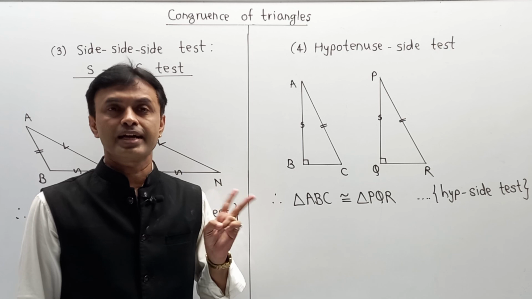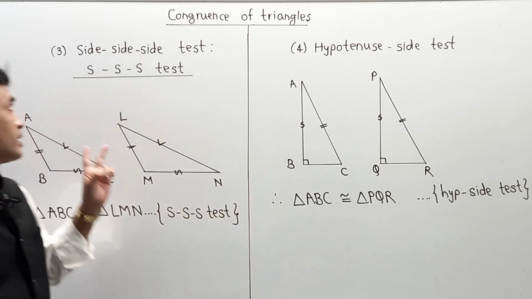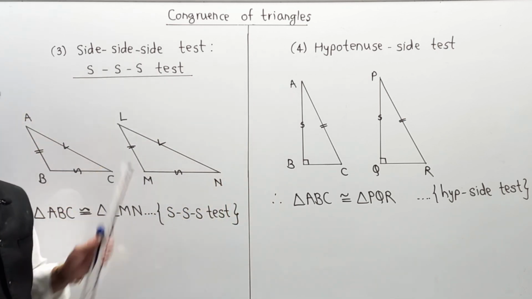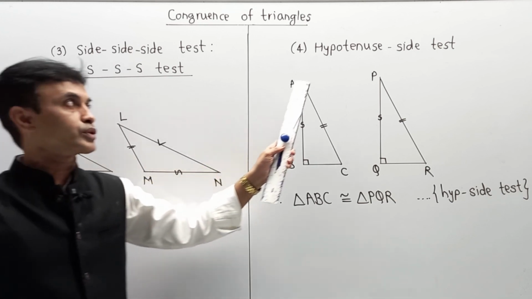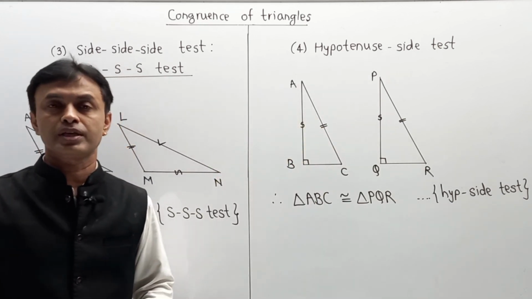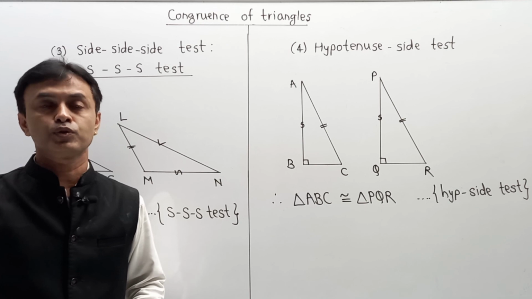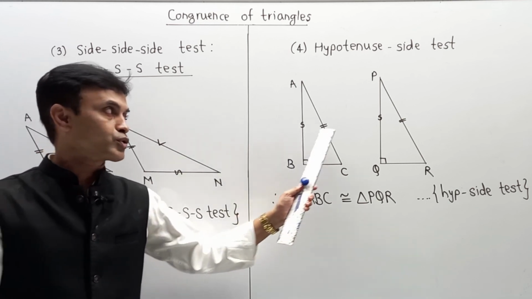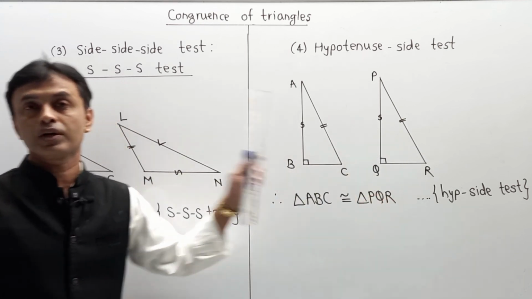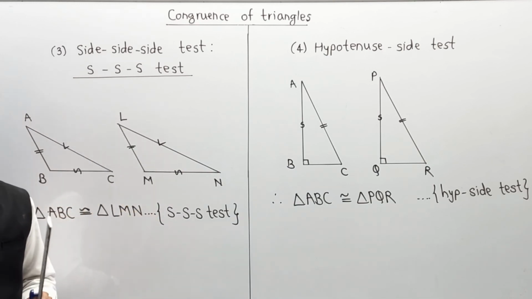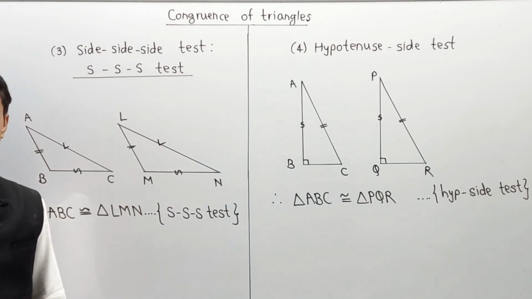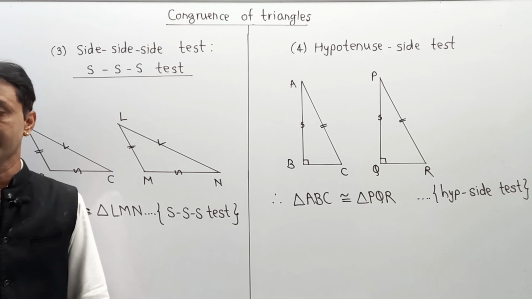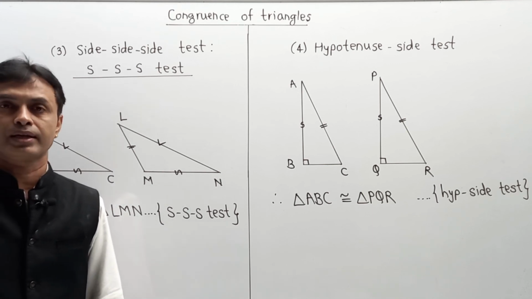Second, side angle side test of congruency. Third, SSS test of congruency. And fourth, hypotenuse side test of congruency. And we are going to use these tests in numericals when we want to show two triangles are congruent, and we use them in exercise 3.2 in the numericals.